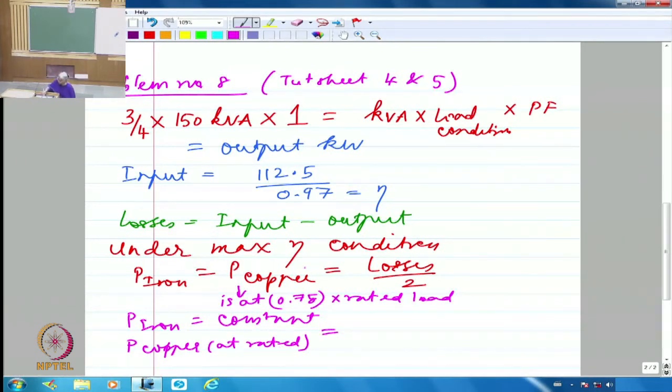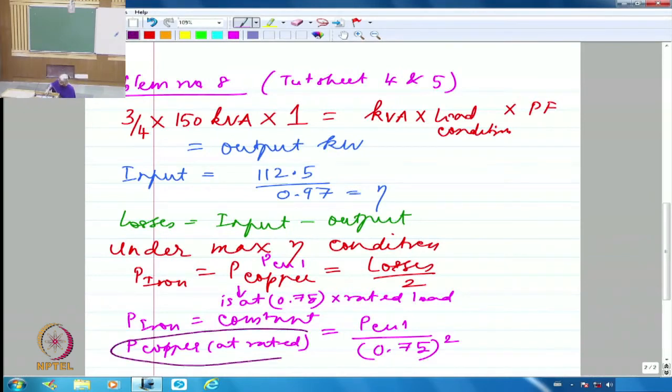Let me call this PCU1 or something like that. So PCU1 divided by 0.75 whole square, because copper losses at any load condition X is X square multiplied by copper losses at rated condition. So I am just using the same expression. Right? So now I have got what is rated copper loss. I have got what is rated iron loss.